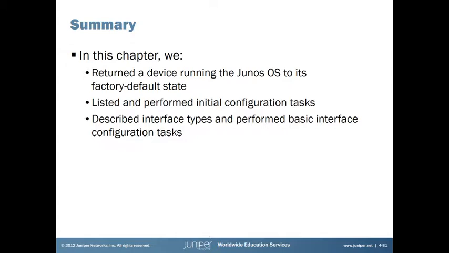The initial configuration tasks, which essentially were give it a name, give it a password, set root authentication plain-text password, put an IP address on the interface so we can connect to it, tell it what services we're going to allow in, so SSH, Telnet, and set a route back to your management network so you can connect to it.